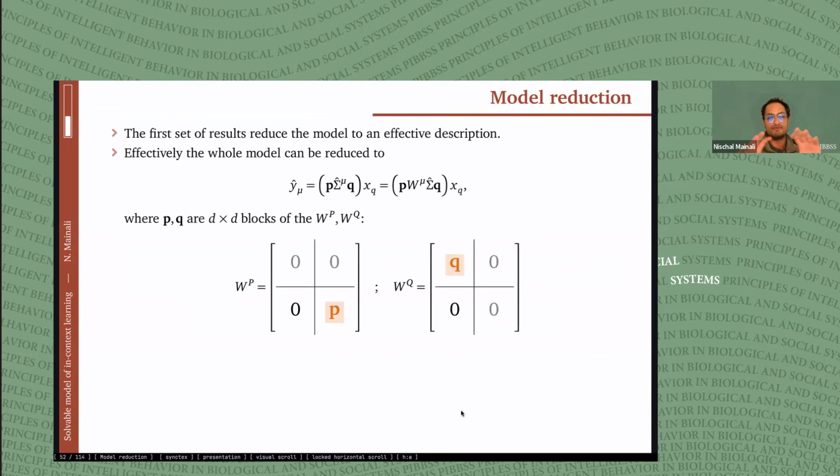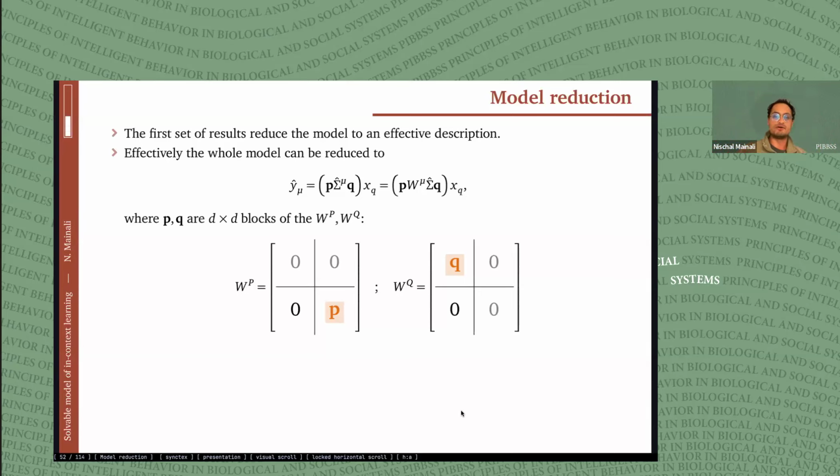So here I'm dividing this WP, which is a 2D by 2D matrix, into these D by D blocks. And what I'm claiming is that the top half of the WP and the right half are basically going to be 0 due to how we have organized the problem, and that these parameters simply don't play a causal role in the predictor.